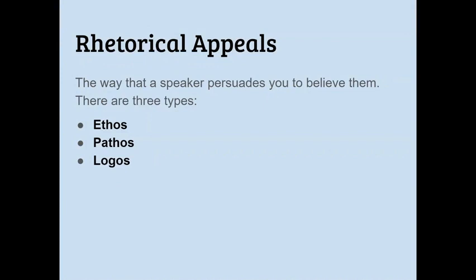This is the way that a speaker persuades you to believe them. This is how I'm going to convince you. So it's either ethos, pathos, or logos. So I'm going to go through each one of these. They get progressively easier to remember, so make sure that you're paying attention to what these mean.